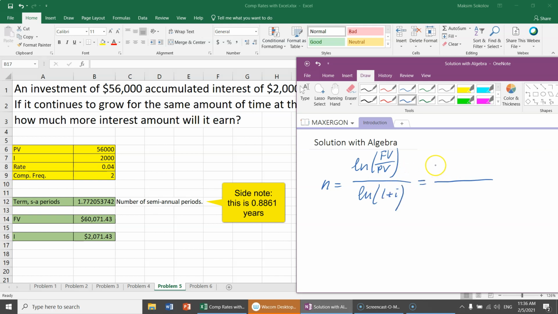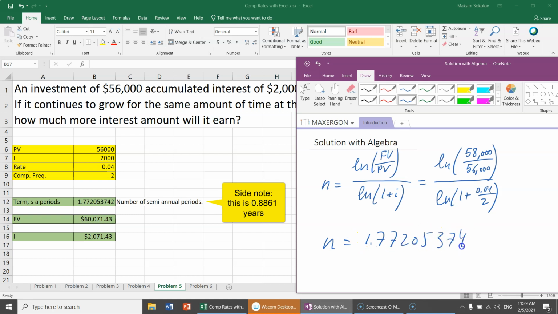If we put in values, it will be logarithm of future value, 58,000 divided by 56,000, divided by logarithm of 1 plus periodic rate, which is 0.04 divided by 2. n equals 1.77205374. Of course, we found the same number of periods as in Excel.